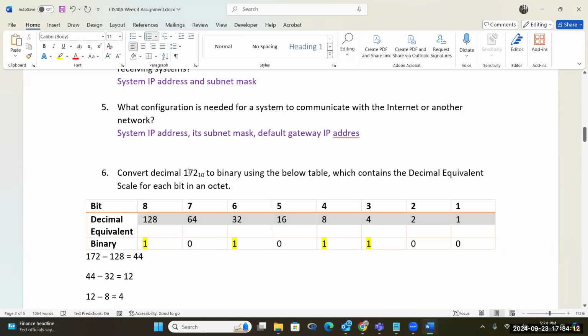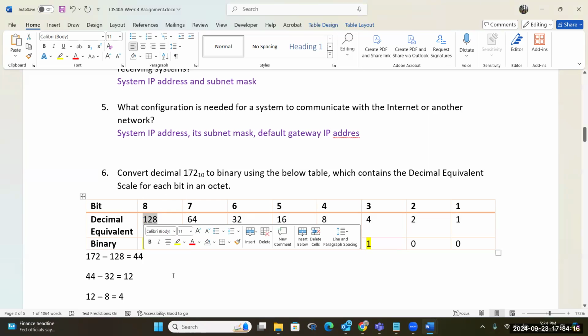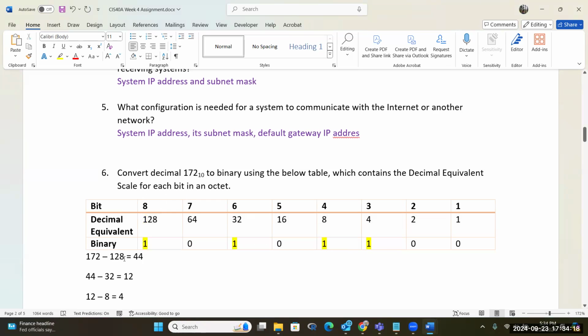So I have 172. What can I subtract? 128, right? So I take 172 and subtract 128. When I subtract it, I put a 1 in that bit slot, so it turns on. We got that?